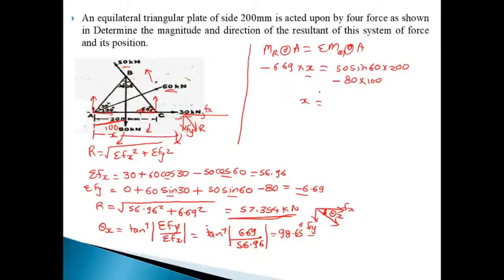The x value is 98.69 mm. Yes, so this is the position of the resultant, and the magnitude is 57.35 kilonewton. Yes, so this way we can solve the resultant of different non-concurrent forces by using this relation.